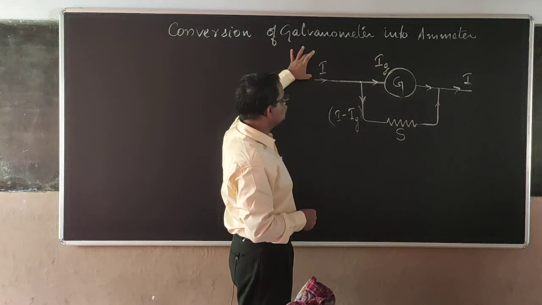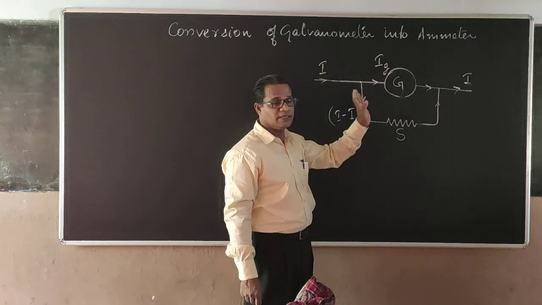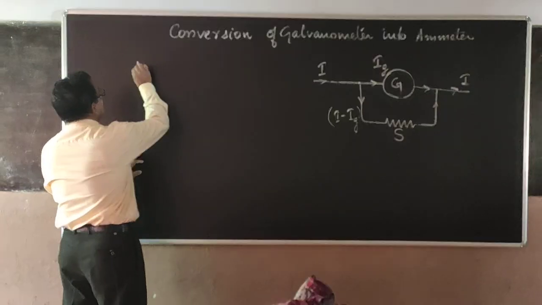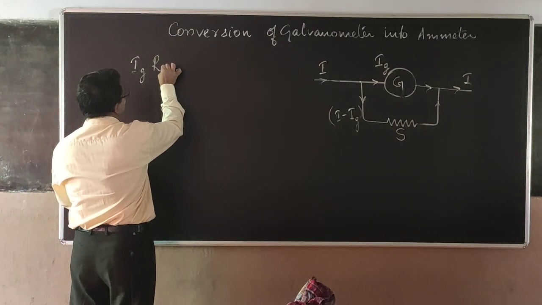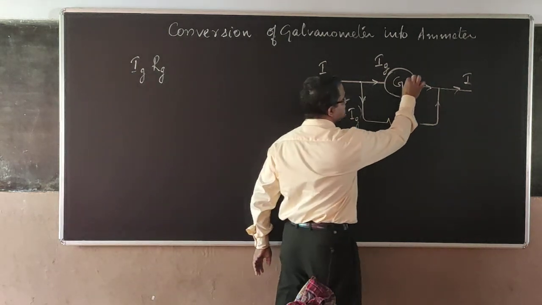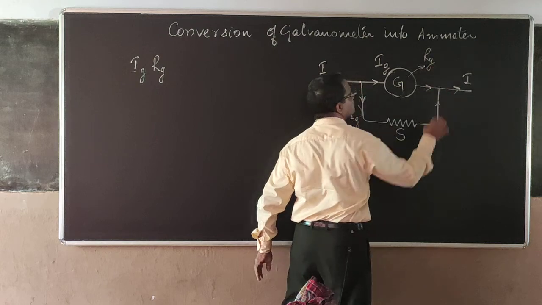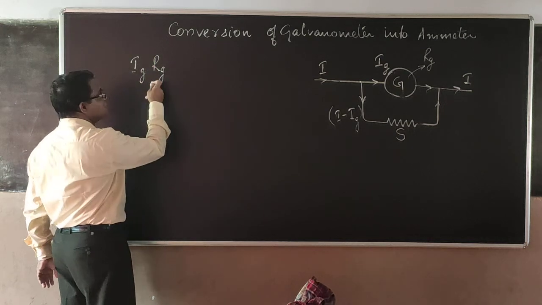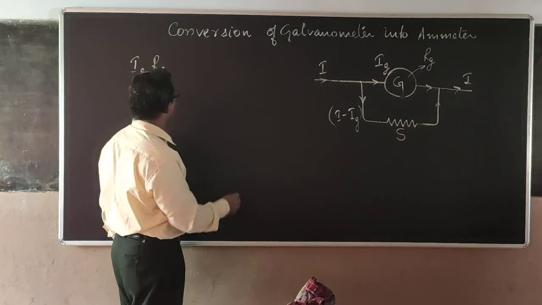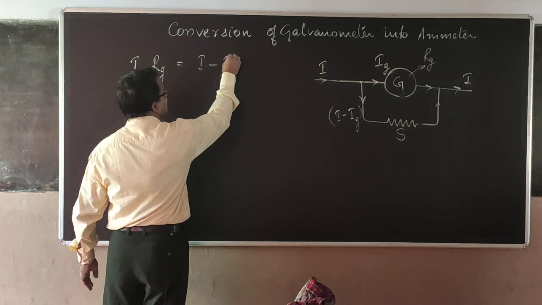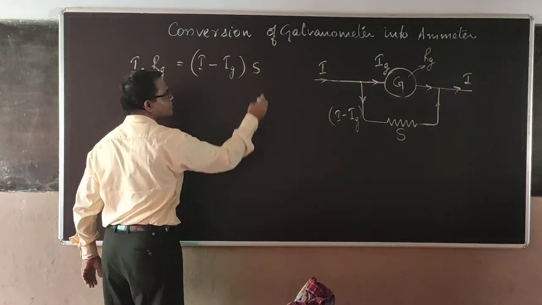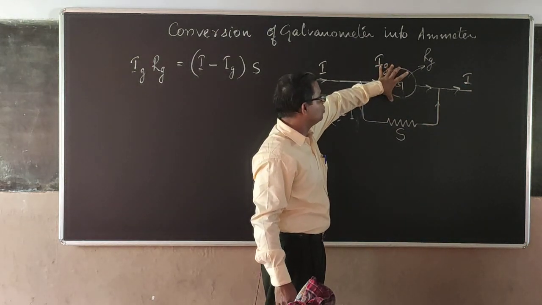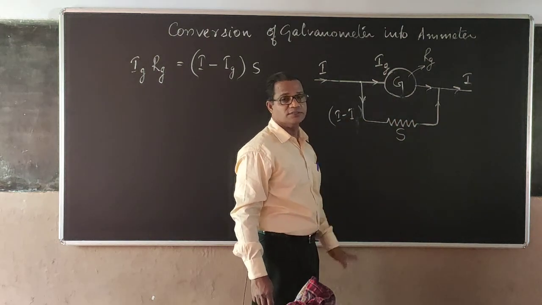If I is the maximum current to be measured, then Ig into Rg, where Rg is the resistance of the galvanometer, will be equal to I minus Ig into S. It is a parallel combination of resistances, so the drop across the galvanometer equals the drop across the shunt resistance.